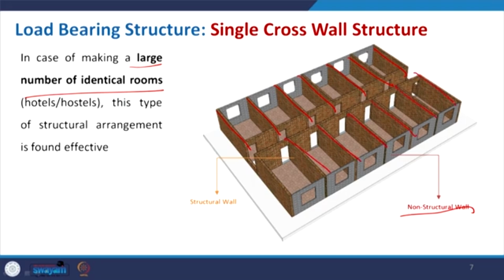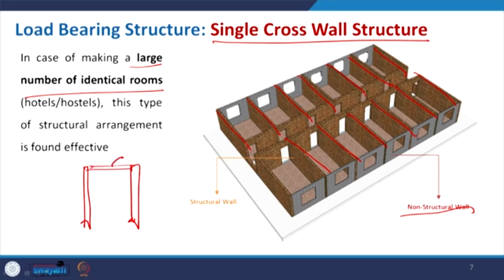So, the maximum load will be borne by this parallel arrangement of walls. This kind of arrangement is what we call the single cross wall structure, and in this case what exactly happens? When the load is distributed from the top, as we have this wall as non structural, okay, I will try to make the plan of that. So, non structural, so load will not be transferred by that.